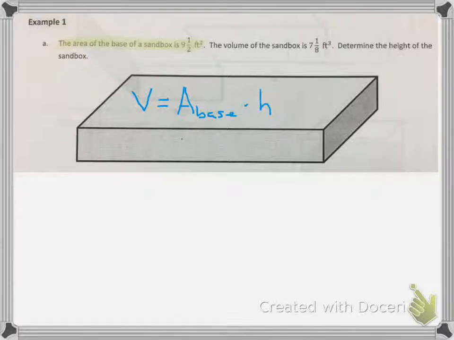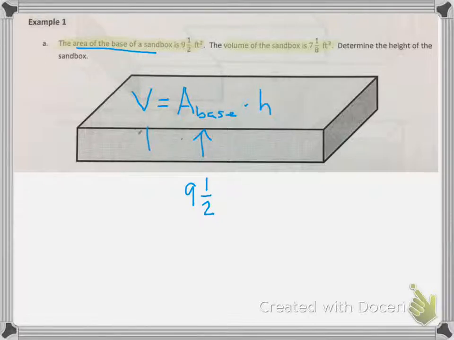And notice that in our problem they gave us the area of the base. So I'm going to plug in the area of the base into my formula. And right here is where area of the base is, so I'm going to put a 9.5 right there. And then they also showed me that the volume is 7 1/8 cubic feet, so I'm going to plug that in also.